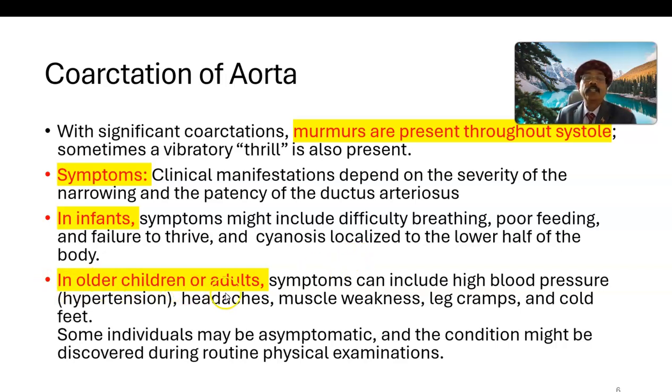In older children and adults, symptoms can include high blood pressure, hypertension, headache. Headache may even lead to rupture of berry aneurysm, maybe subarachnoid hemorrhage.